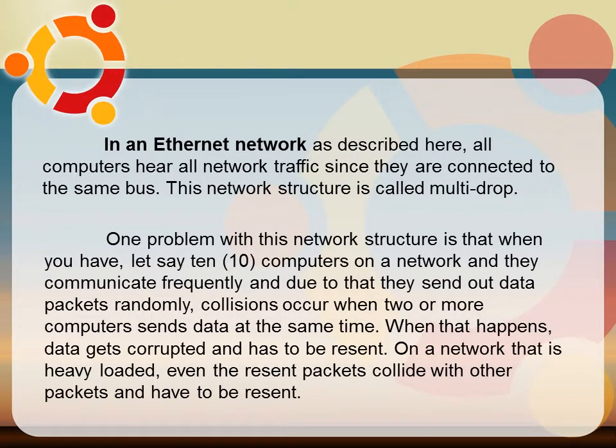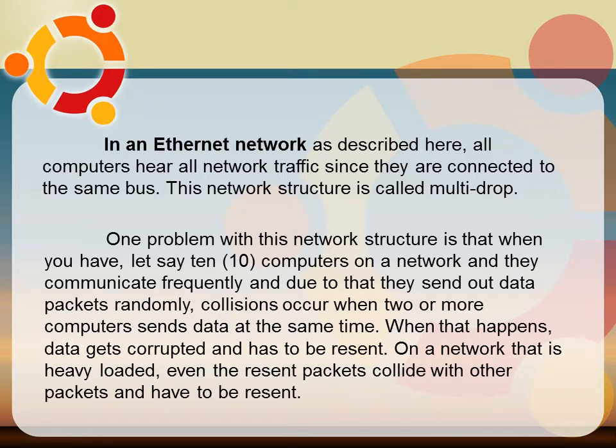In an Ethernet network, as described here, all computers hear all network traffic since they are connected to the same bus. This network structure is called multi-drop. One problem with this network structure is that when you have, let's say, 10 computers on a network and they communicate frequently, and due to that they send out data packets randomly, collisions occur when two or more computers send data at the same time.